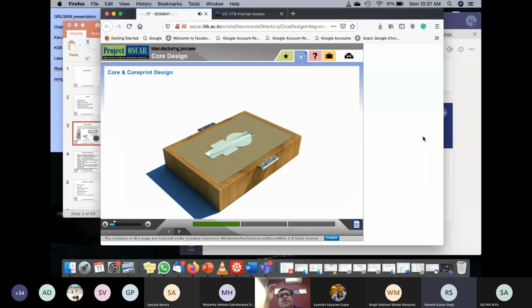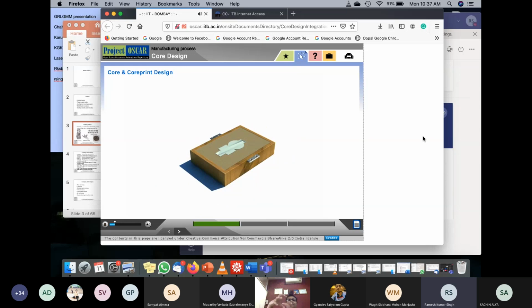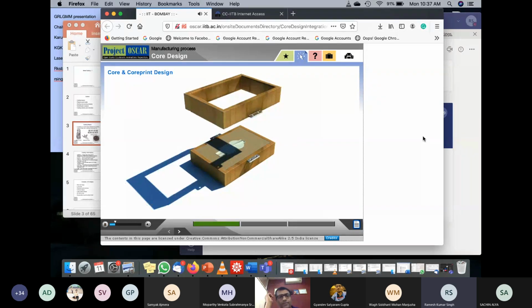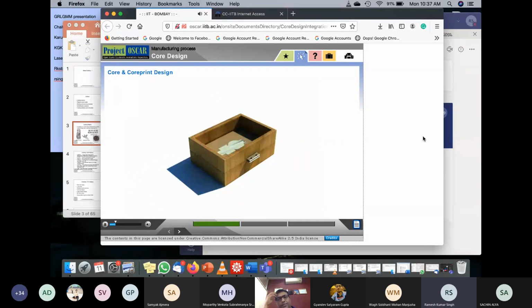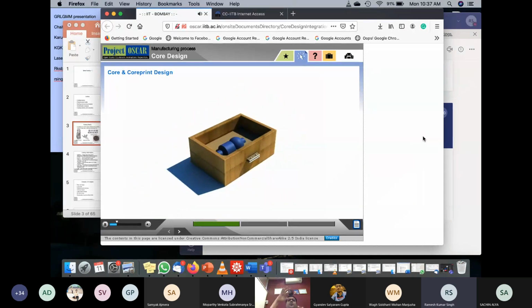This is a pattern, and there is a cope and drag. There are two boxes, and the pattern is split into two. So this is the other half of the pattern, because you have to take the pattern out. That's why you split it into two parts, so that you can take it out.